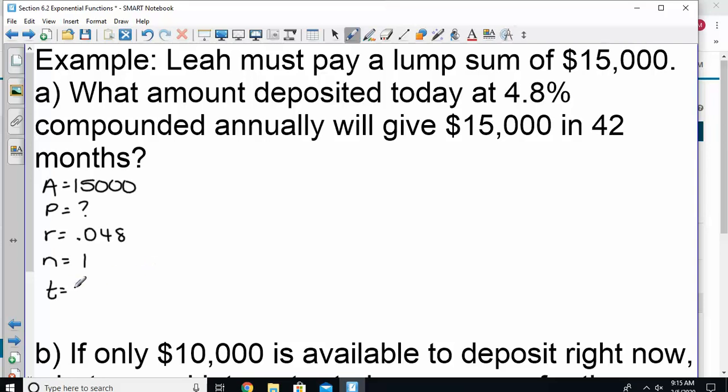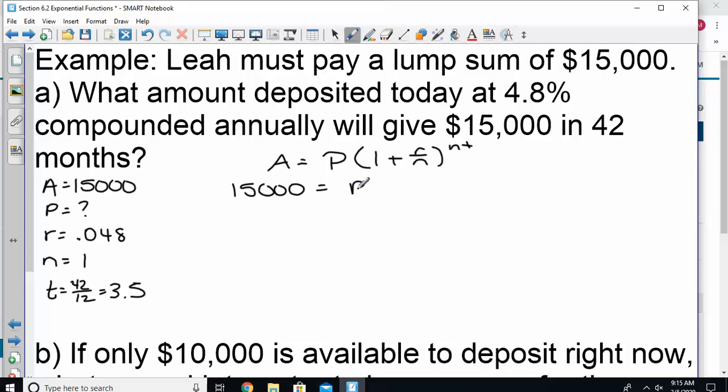You just have to do your 42 divided by the 12 months in a year, so my time is 3.5. So now I'm going to plug into A equals P, 1 plus R over N, the NT power. My A is 15,000 equals P, 1 plus 0.048 over 1 to the 1 times 3.5.